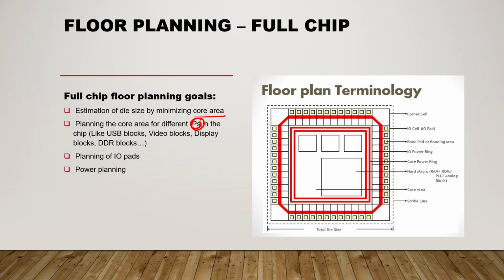Suppose, for example, you have a Mi phone. Mi will not create all this, the processor or DSP processor or display processor. It will not manufacture them. If a processor is needed, it will go to Qualcomm and ask for this many specifications, and they will get the processor from Qualcomm.